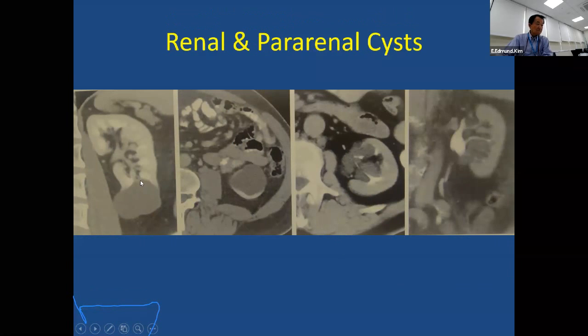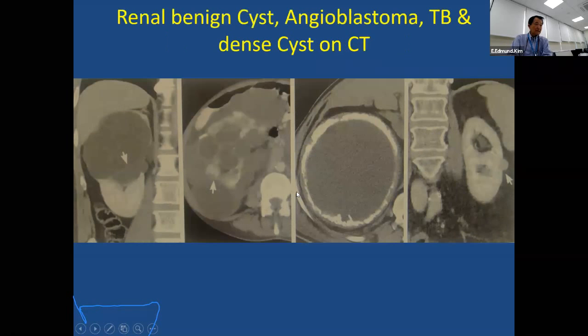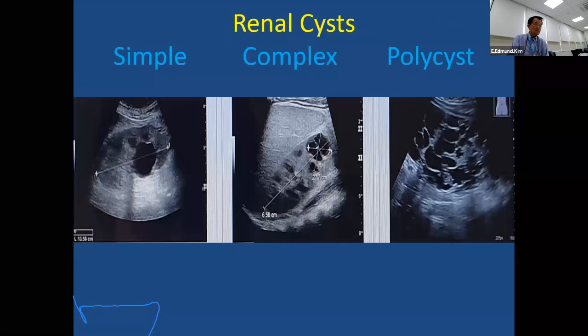Renal and para-renal, all cysts. No obstruction of urinary drainage, and benign. Multiple, and calcium in it, that's benign, but this kind of thing is not easy. Angioblastoma is another rare benign tumor.